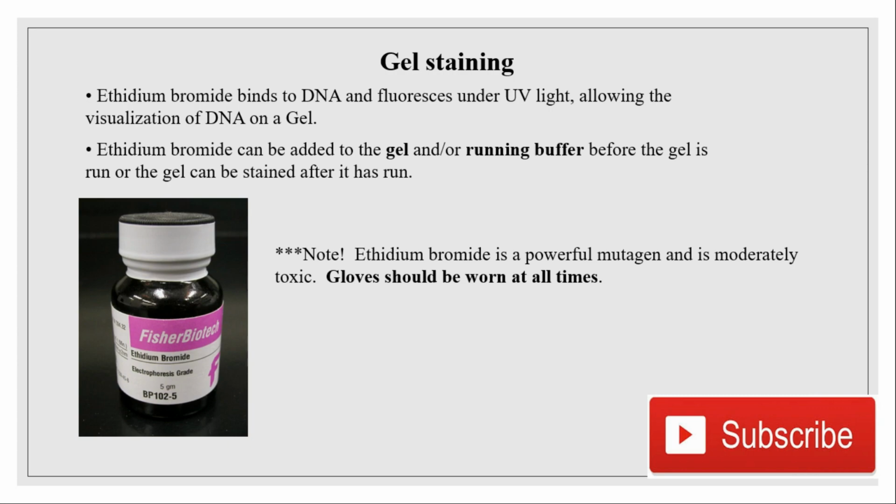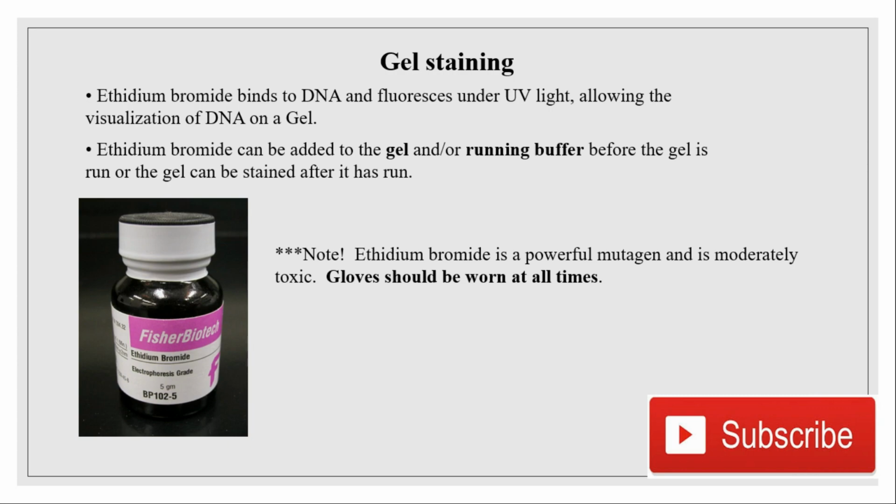So this is the ethidium bromide. Ethidium bromide can be used for gel staining, though many other staining materials are also used, like acridine orange. Ethidium bromide is a powerful mutagen and is moderately toxic.